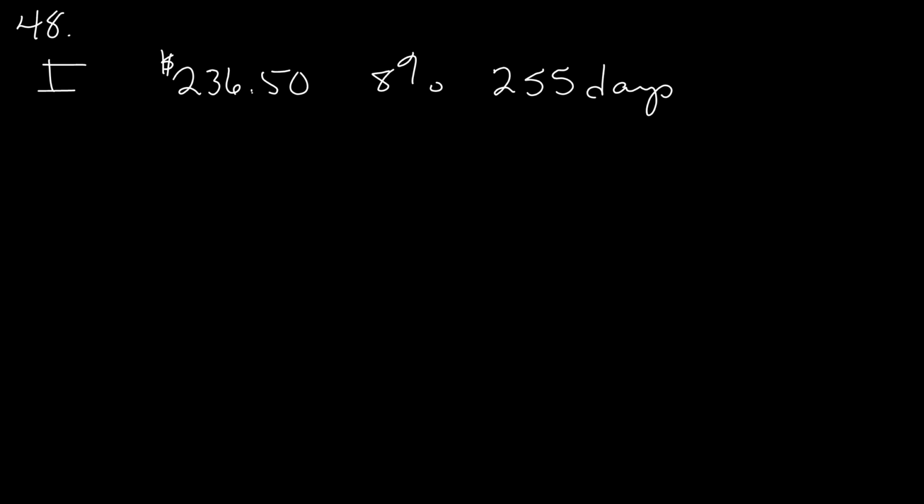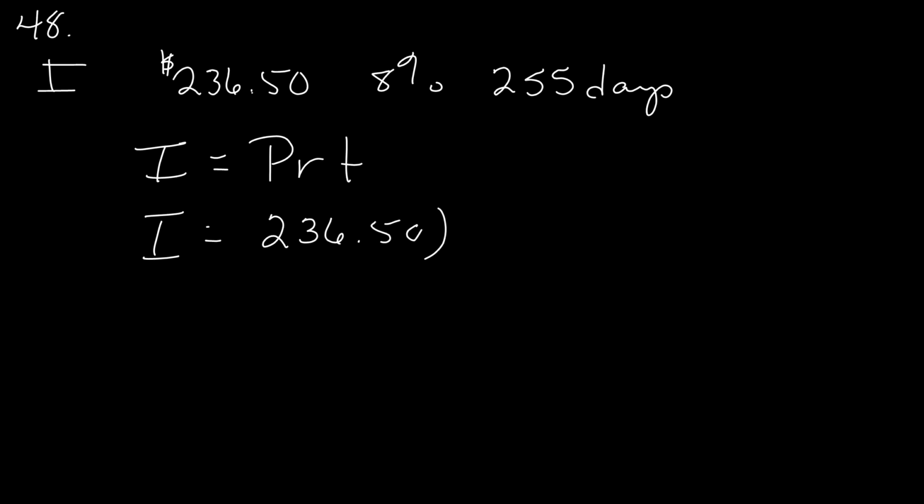So let's see. For this part, we have our formula. I equals PRT. We're missing I. We have the principal. We have a rate of 8. We need to move our decimal. And then time is supposed to be in years, and there are 365 days in a year.